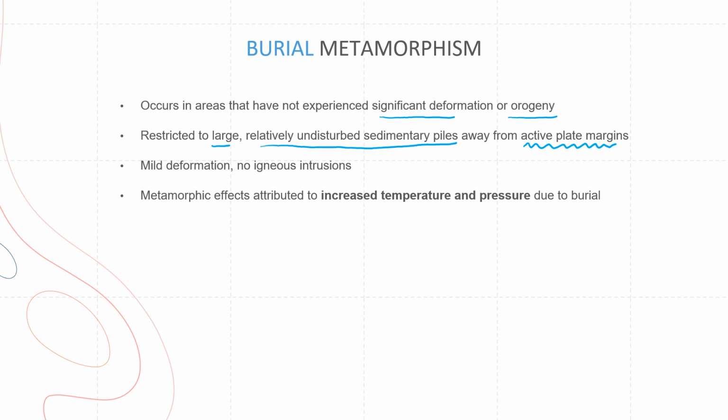So really the only thing that's helping metamorphism happen is it being buried. So there's really mild deformation, there are no igneous intrusions, and the effects are attributed to the increased temperature and pressure due to burial.